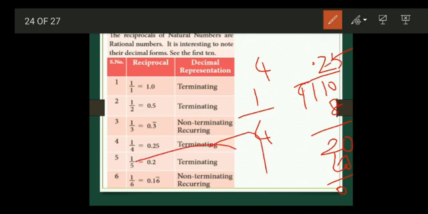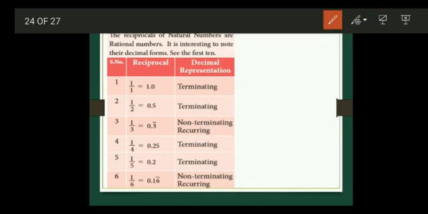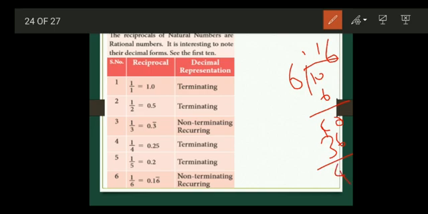When you do 1 by 5 also, you will get terminating. But when you divide 1 by 6, 0.0, 1 times 6 is 6, balance 4. Then 0, 5 times 6 is 30, 6 times 6 is 36. Remaining you will get 4. Again add 0, 6.